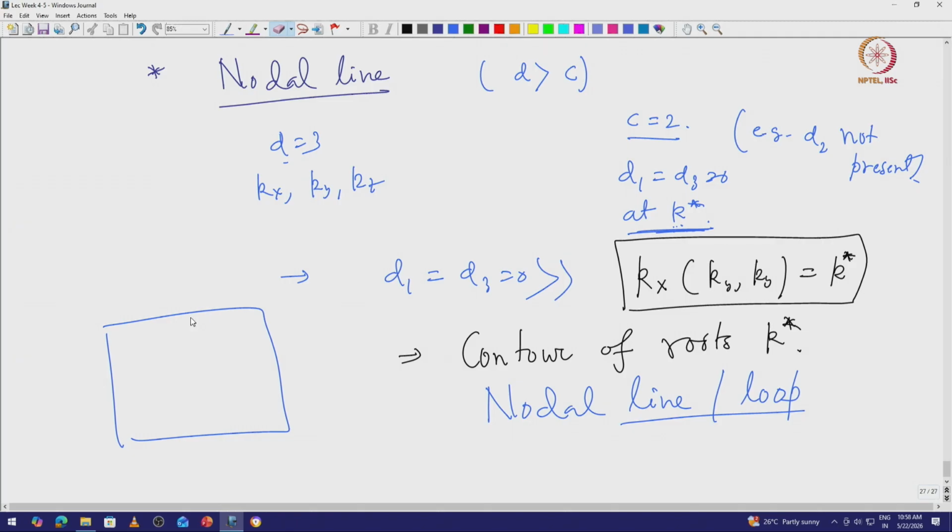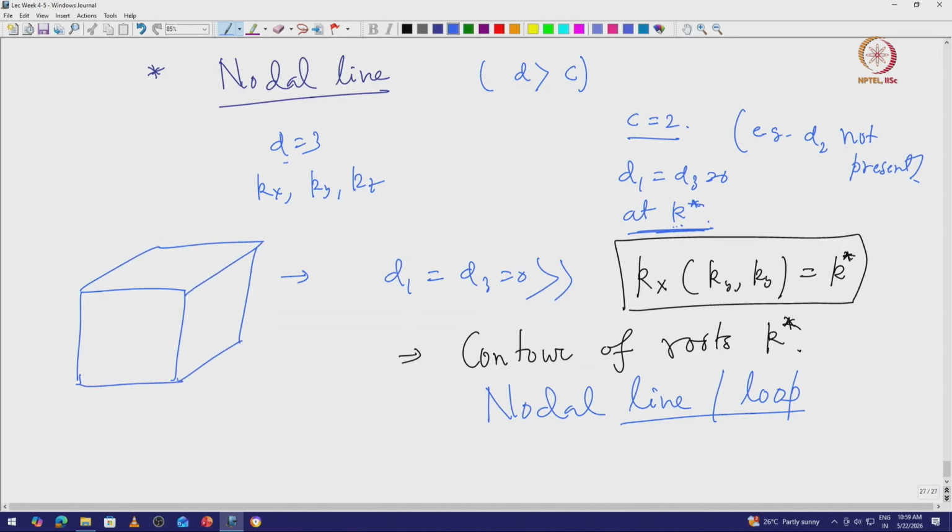So let us take a 3D. In this case there will be some line, and if you want to see the band structure, you can take this line; this is my energy and these are some points which may or may not be along the high symmetry points, but if they are not at high symmetry points they will come in pairs like the Weyl.